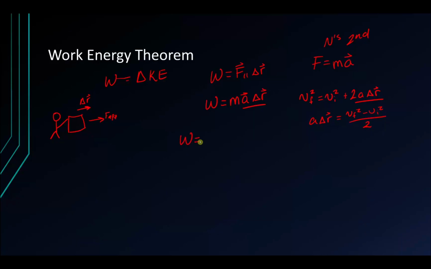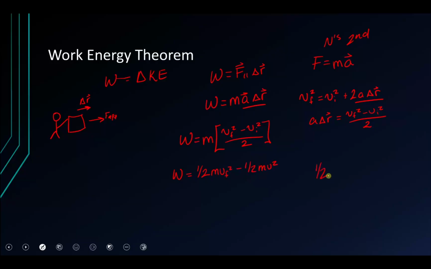So my work is equal to mass times this final velocity squared minus the initial velocity squared, divided by 2. So I'm going to expand this out. Work is equal to 1/2 mv final squared minus 1/2 mv initial squared.